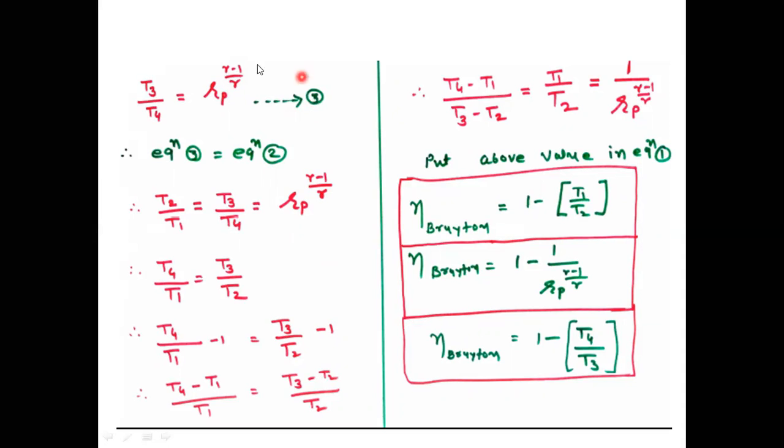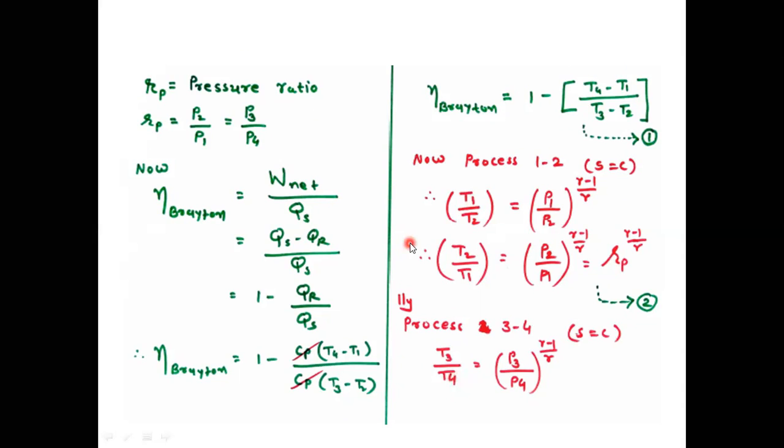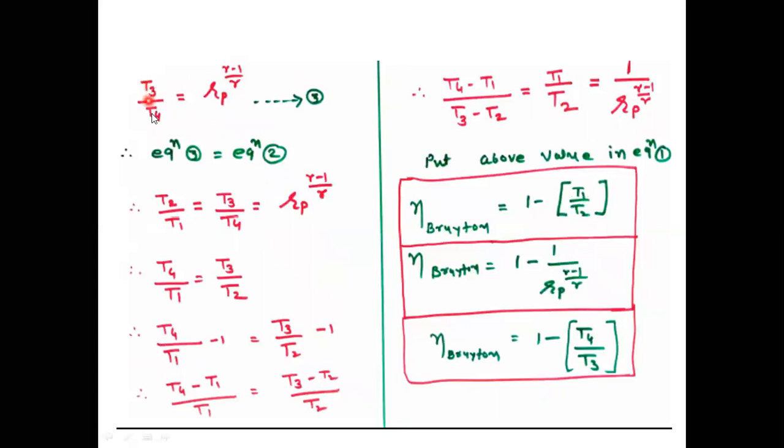Now see the right hand side of equation 3, which is Rp raised to gamma minus 1 upon gamma, and the right hand side of equation 2, that again is Rp raised to gamma minus 1 upon gamma. What does it mean? Equation 2 is equal to equation 3. So I can write T2 divided by T1 is equal to T3 divided by T4 is equal to Rp raised to gamma minus 1 upon gamma.